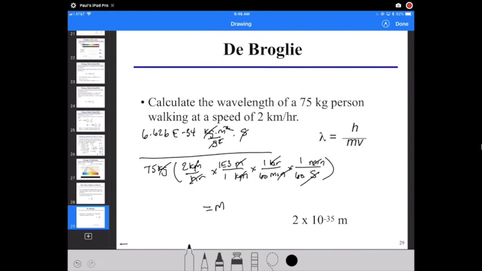If you do that mathematically, you get something with lots of other numbers. But why do I only use a 2? Because that has 2 sig figs, and that has 1 sig fig. And so you would go back to 1 sig fig to calculate the answer.